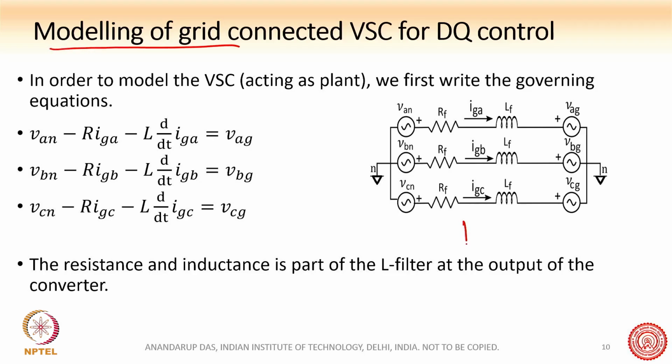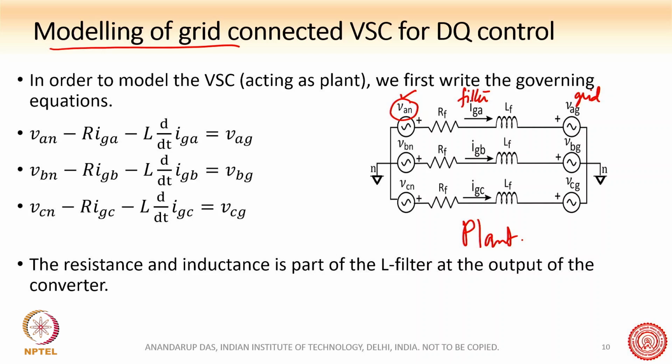So this is our plant here, the voltage source converter. Here you can see the VAN, which is the fundamental voltage from the converter, and this is the filter, and this is the grid here. We are going to model this plant.